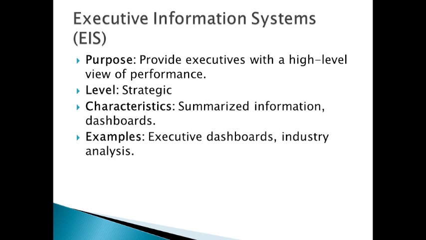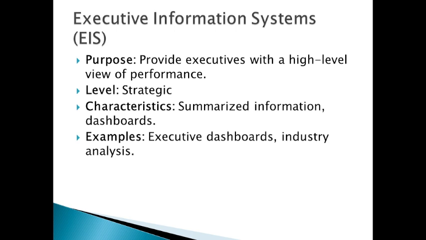The purpose is to provide executives with quick access to critical information for strategic planning and decision-making. The EIS is found at the strategic level, that is top management, and the key characteristics include summarized information, dashboards and visualization, external focus, and support for strategic decision making.